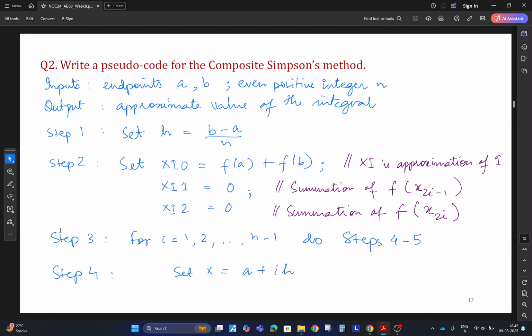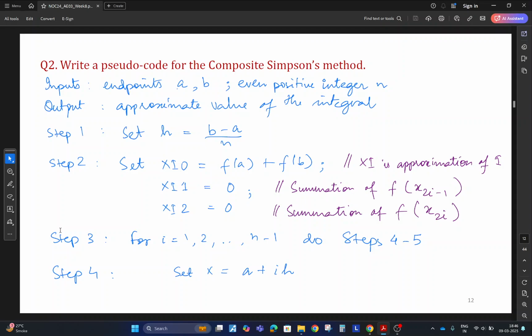The output would be the approximate value of the integral or the approximate area under the curve of the function f(x). In the first step, we set the step size, which is simply equal to (b minus a) by n, a and b being the endpoints of the interval, and n being the even positive integer into which we want to subdivide the given interval.